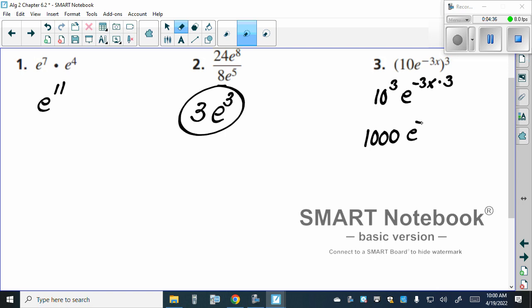And then we'd have e to the negative 9x. But to get that exponent positive, we have to move it from the numerator to the denominator. We get 1,000 over e to the 9x. Questions on this here? Do we feel comfortable with these here?